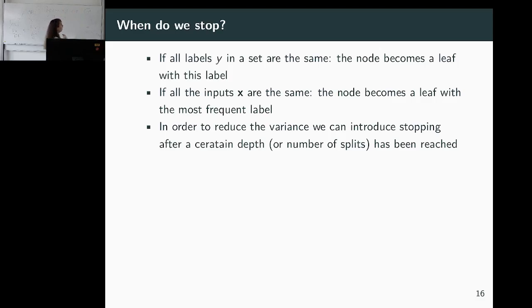In order for us not to split until the end, because that definitely means that we have variance if we keep on splitting until every leaf is pure, we introduce variance. And this is an idea which is used in very many machine learning algorithms. It's called early stopping.